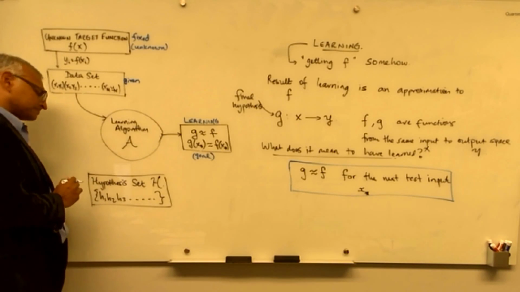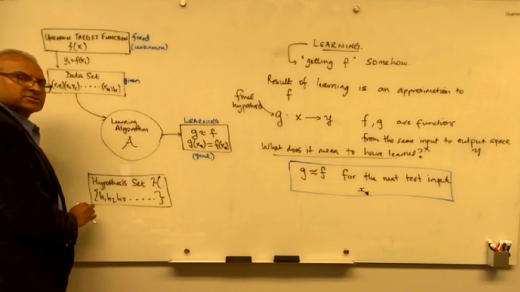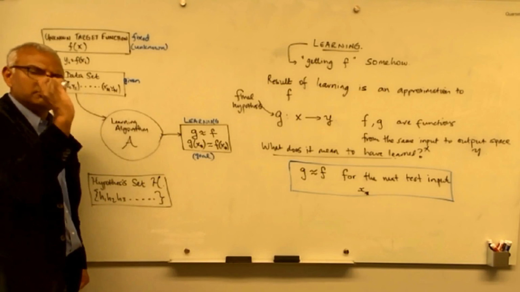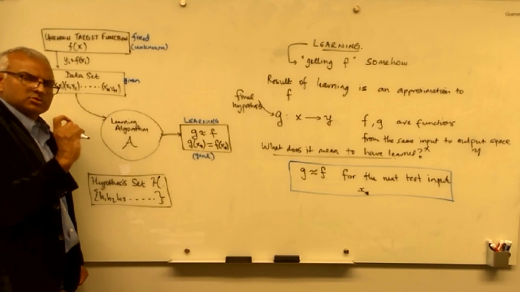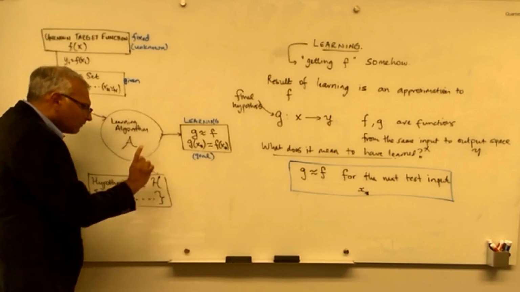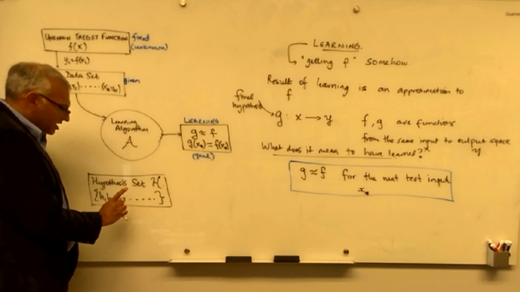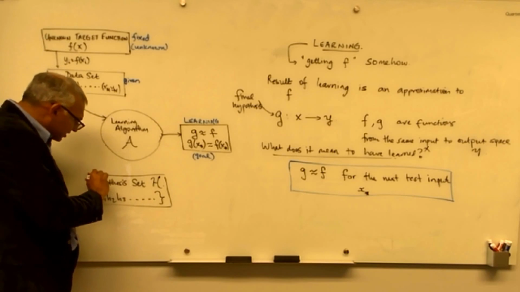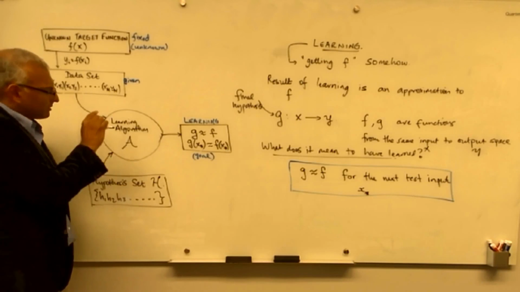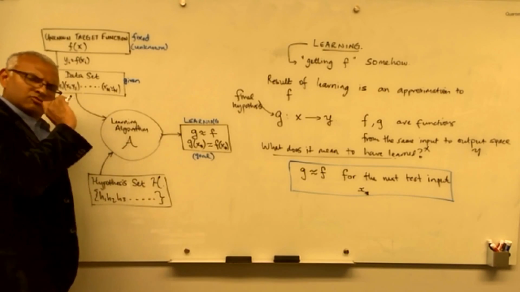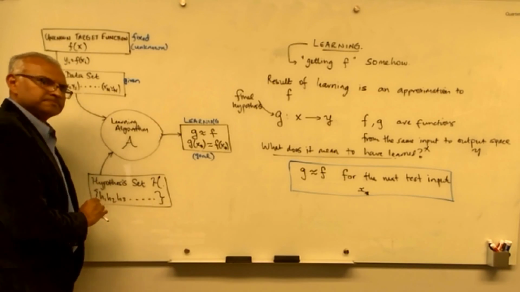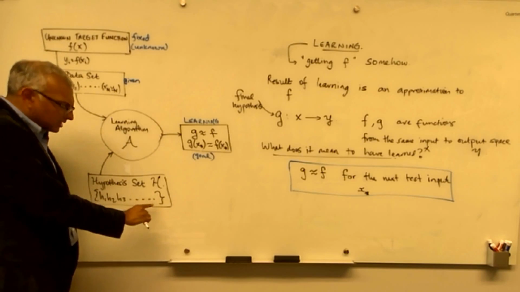And what is the purpose of having this fixed hypothesis set? The purpose is that your learning algorithm is going to be restricted. In what way is it going to be restricted? It's only allowed to pick as G one of the hypotheses that are in H. So this H is also feeding in to my learning algorithm A, and my learning algorithm A is constrained to pick a hypothesis from H. But how it picks the hypothesis, we're not specifying.